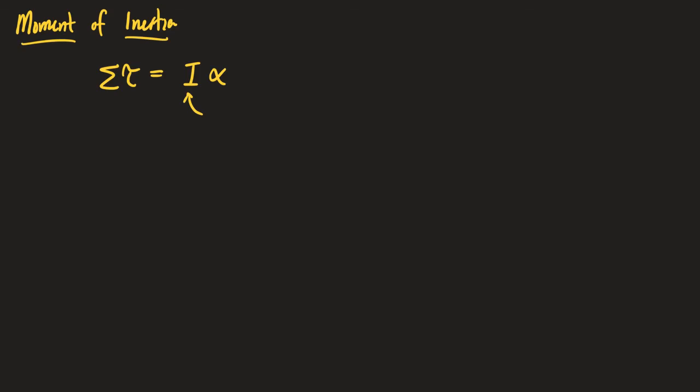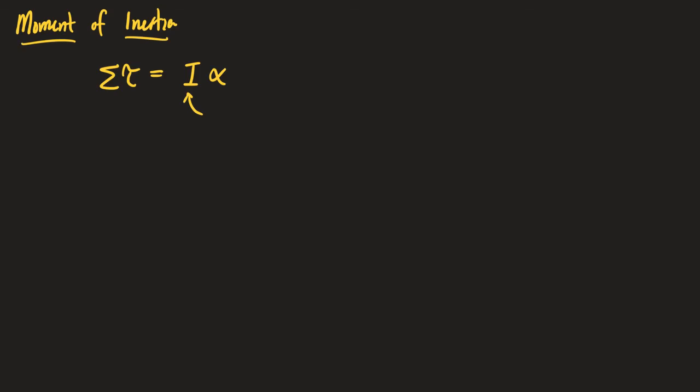Third, it is how difficult it is to twist or turn an object. You could say it's the resistance to torque, in the same way that inertia was the resistance to force.